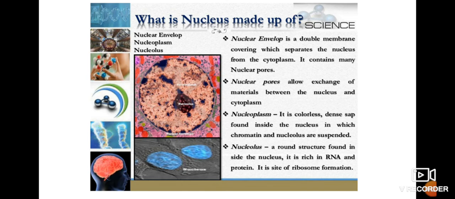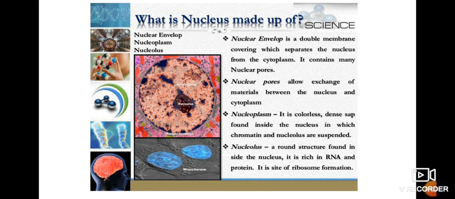Now coming to the next part, what is the nucleus made up of? The basic parts of the nucleus involve a double membrane covering that will separate the nucleus from the cytoplasm. We have studied this as the nuclear membrane, which can otherwise be called the nuclear envelope.